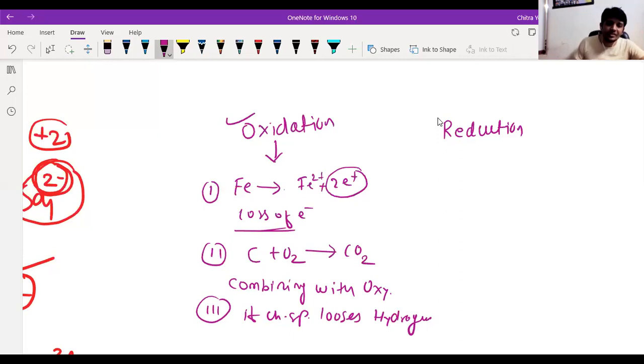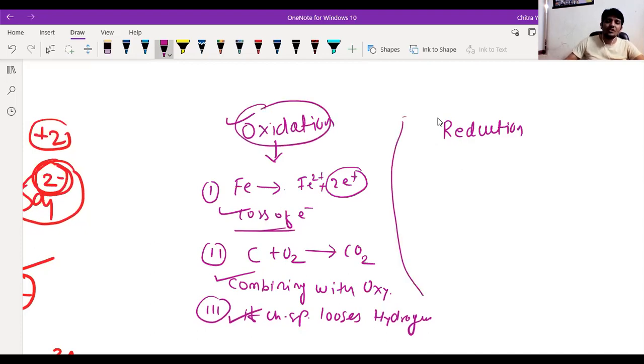So there are three conditions by which we can identify oxidation: loss of electron, combining with oxygen, or loss of hydrogen. If any one of them takes place during the chemical reaction, it is an oxidation reaction.